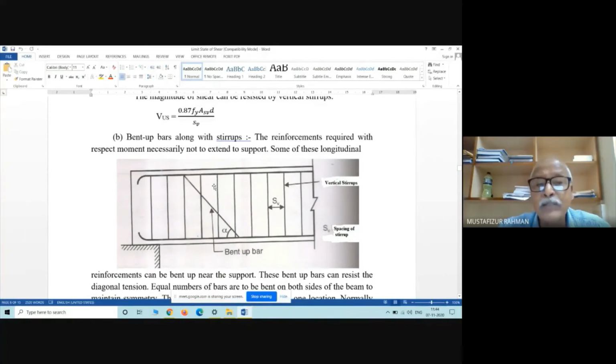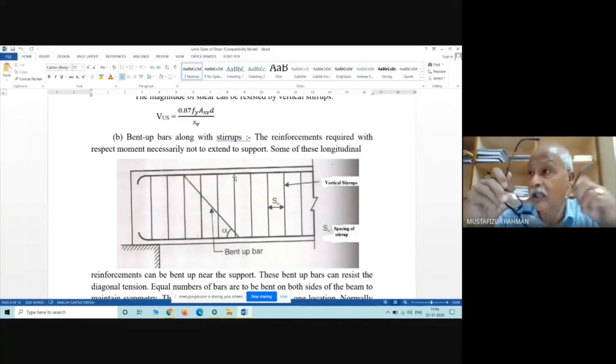If suppose we remove this, then L will be this. So L increases, so L by R increases. So slenderness increases, and the load resisting capacity of the same rod will reduce. So that's why also we require the stirrup.